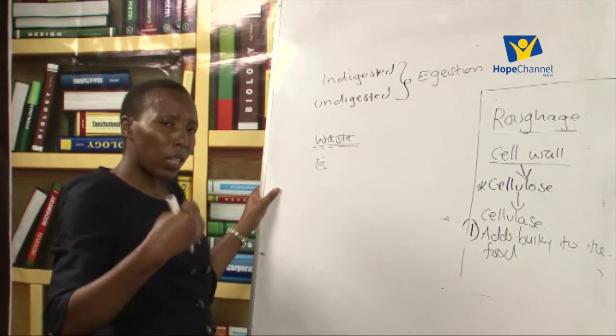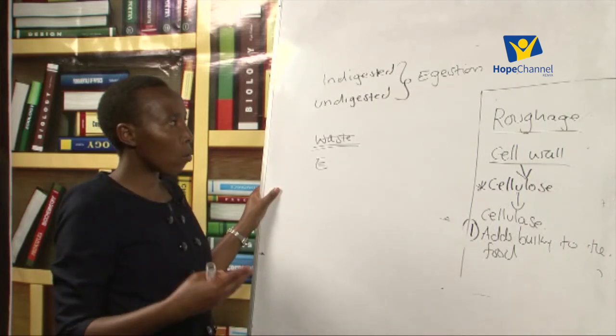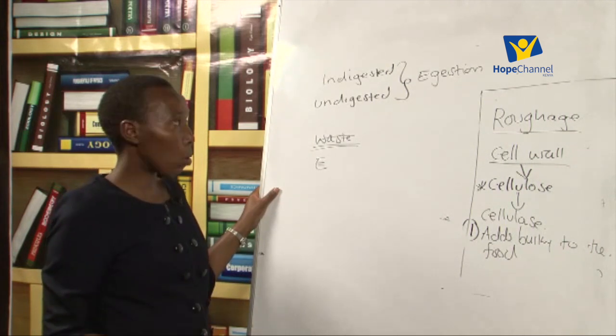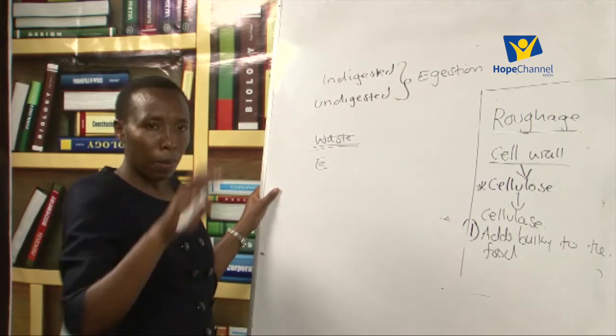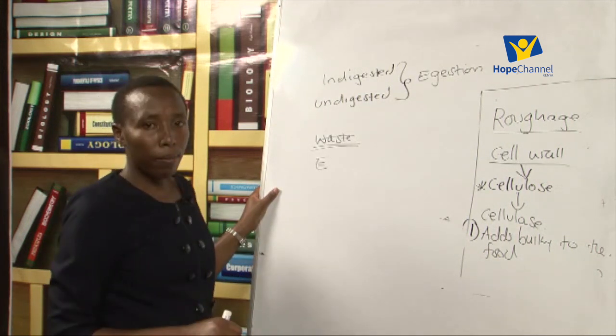And at times we eat what cannot be digested, something like stones. We can find stones in our diet. We don't have enzymes that can break down stones. So all that comes out, and that process we call egestion.